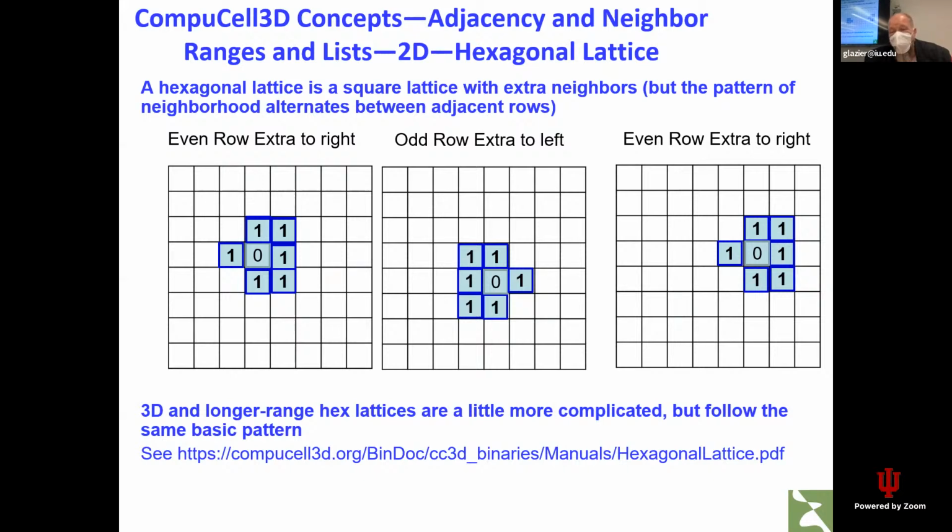It does mean that distances get a little bit strange in hexagonal lattices, because in a square lattice, the distance from the center to your nearest neighbors is 1. To the second neighbor, it's square root of 2.